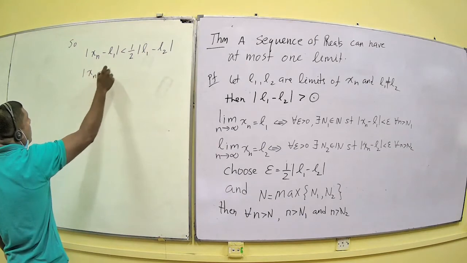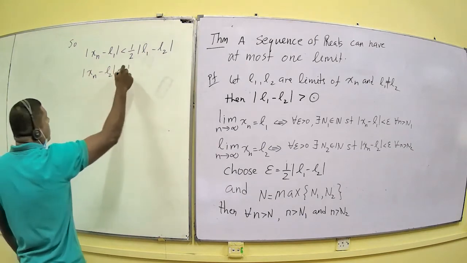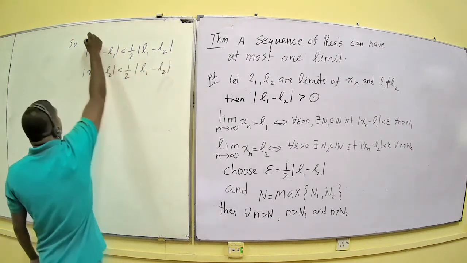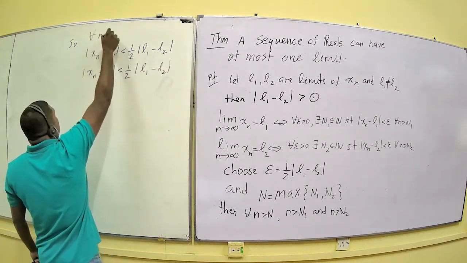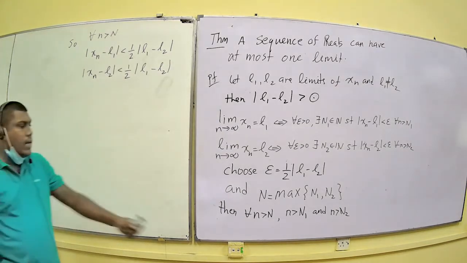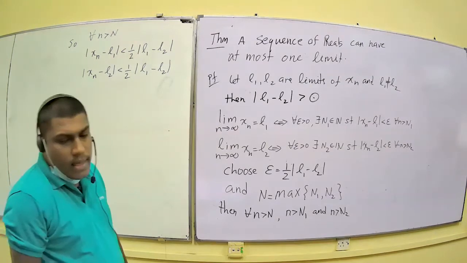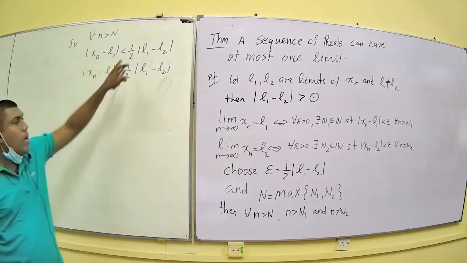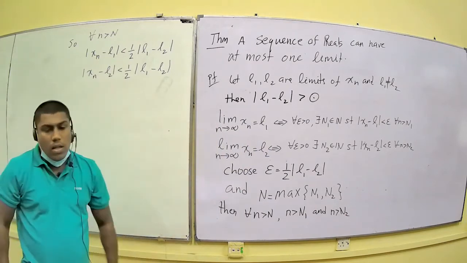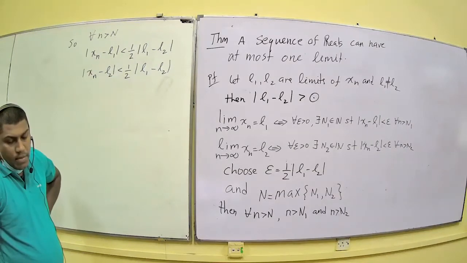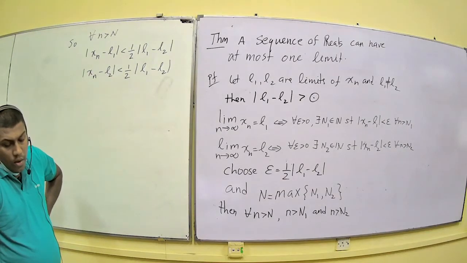At the same time, |xn − L2| is less than half of |L1 − L2|, and it is for all n bigger than N. Because if n is greater than N, then clearly n is greater than n1 as well as n2. So obviously these inequalities hold for both L1 and L2, right? So that's what you have.